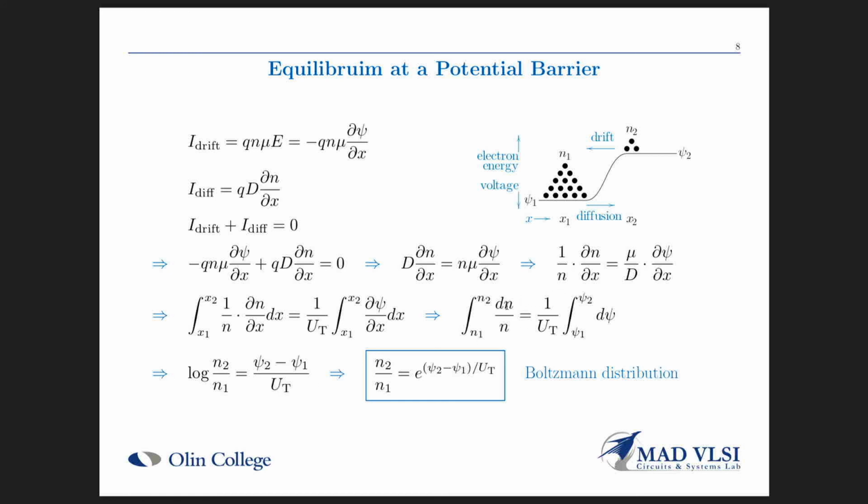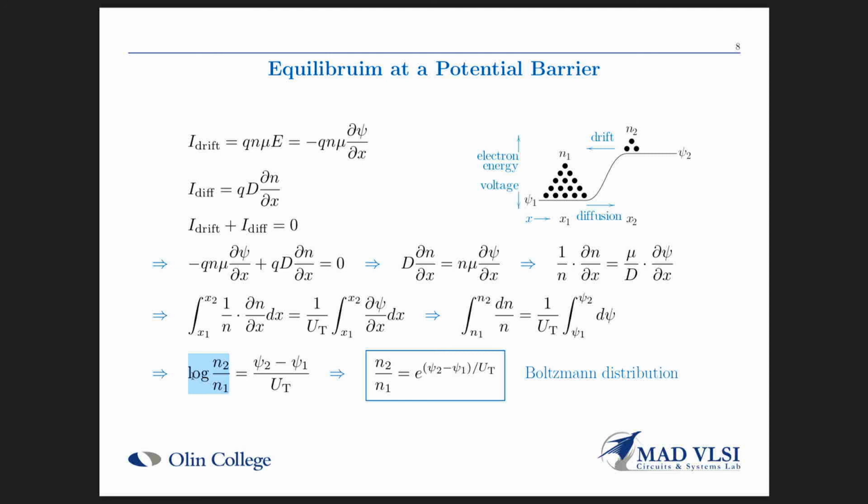The left-hand side isn't too bad either. It's basically the natural log of n evaluated from n1 to n2, which is log of n2 minus log of n1, and we can use the property that the difference of the logs is the log of the ratio to write the left-hand side as log of n2 over n1.